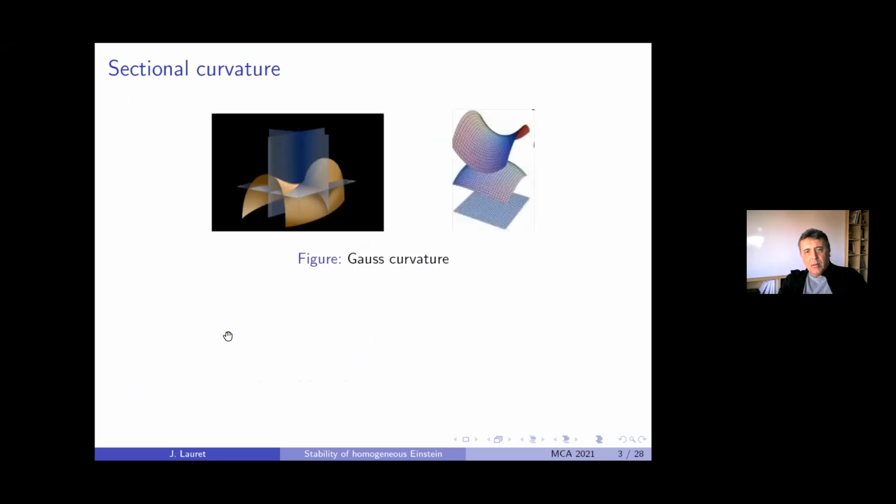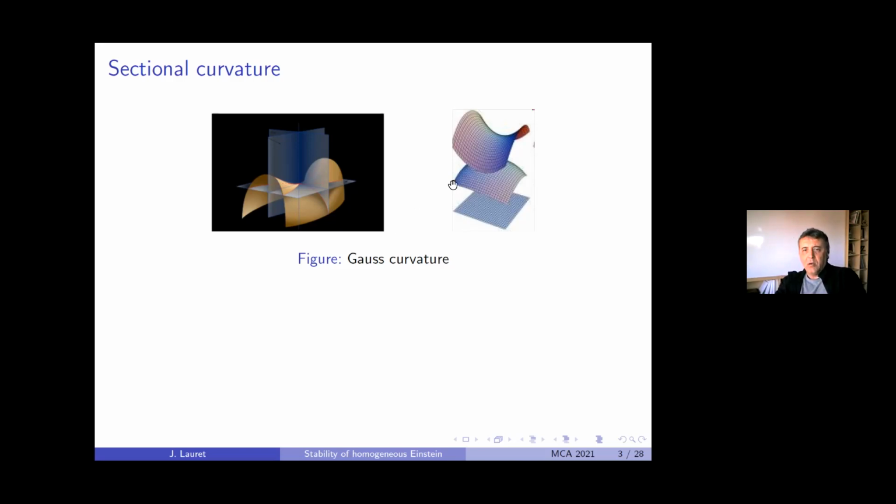So let's talk a little more about curvature. You must remember what the Gauss curvature of a surface is. You take these sections, and by computing the curvature of these plane curves, which are the intersection, you take the minimum and the maximum and multiply them and get a number called the Gauss curvature.